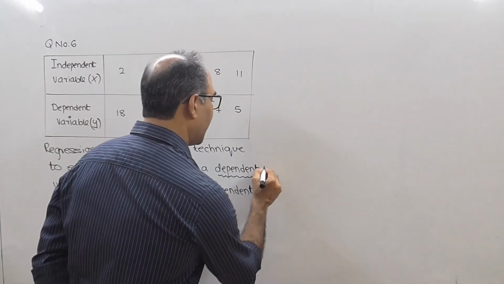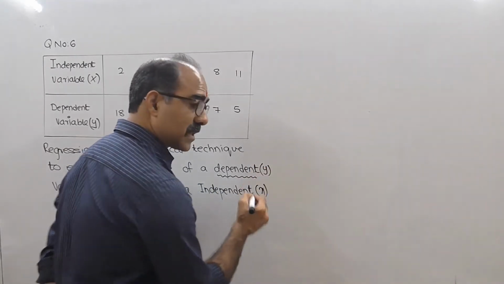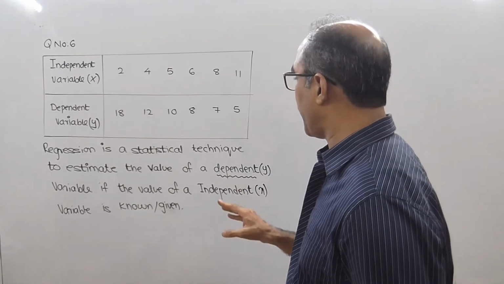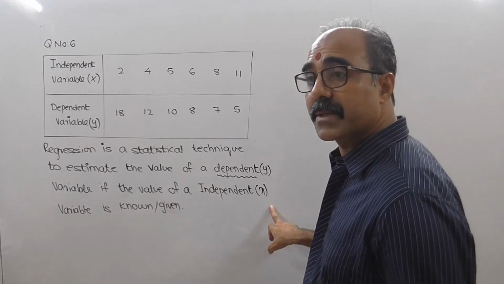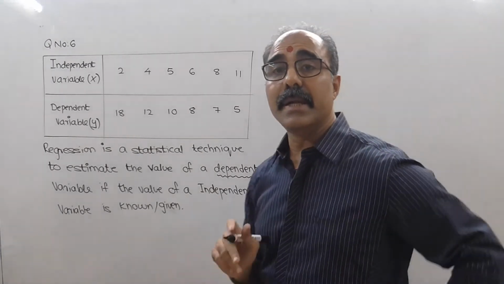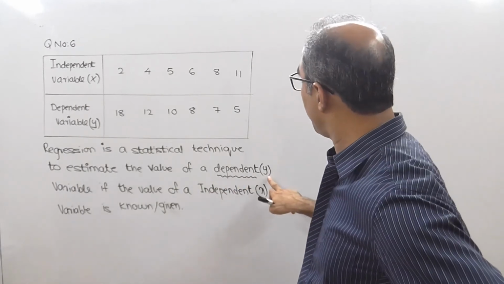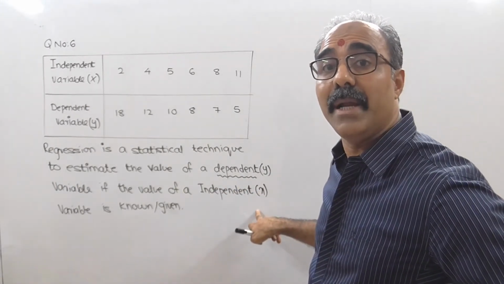I think the dependent variable is y, and what is the independent variable? X. That means you have to find the regression line of y on x, because regression is a statistical technique to estimate the value of a dependent variable if you have been given the value for an independent variable.